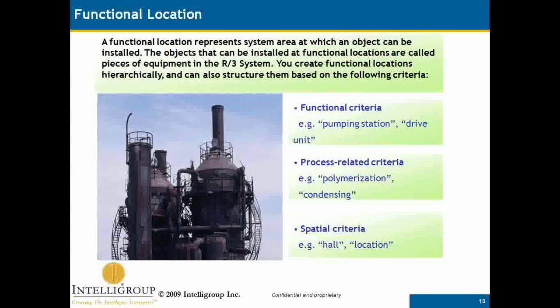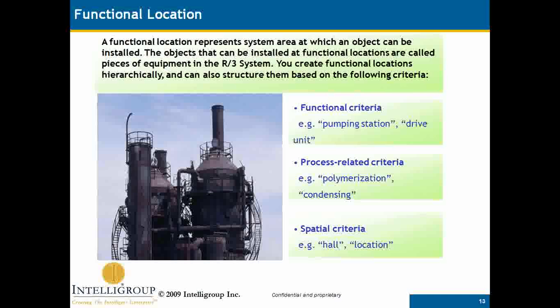So function locations, coming to the main master data. It will represent in the systems the object can be installed in that area. Based on the hierarchy, you can structure this. Maybe functional, locations will be functional wise and process related wise, spatial criteria.